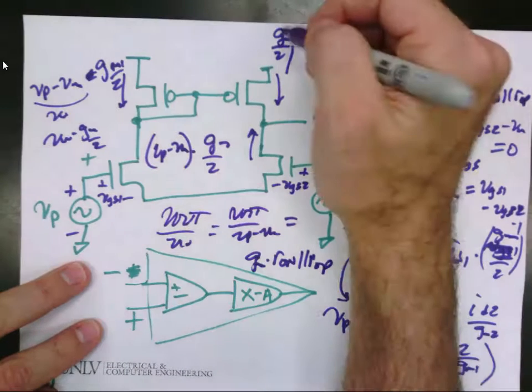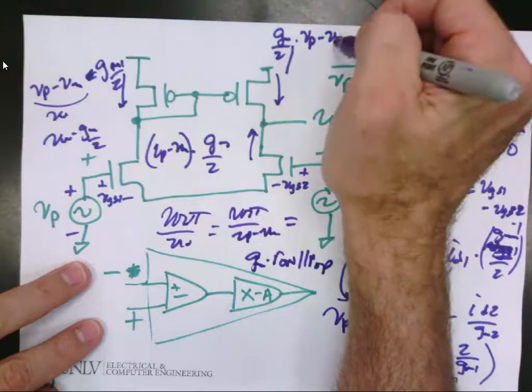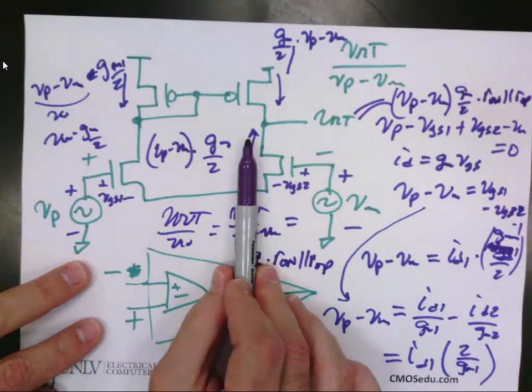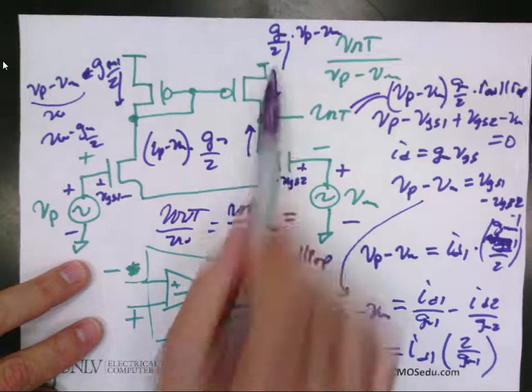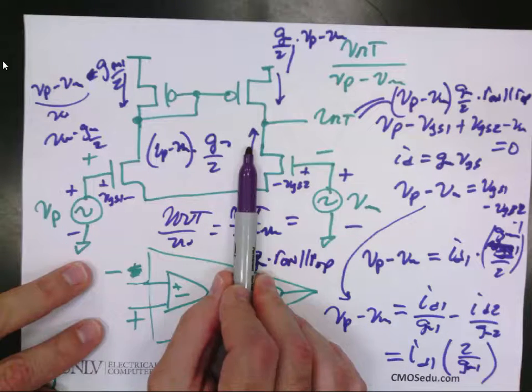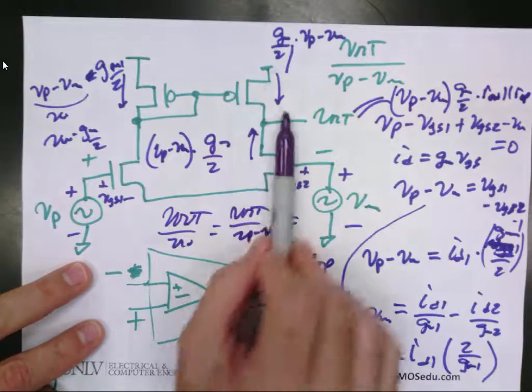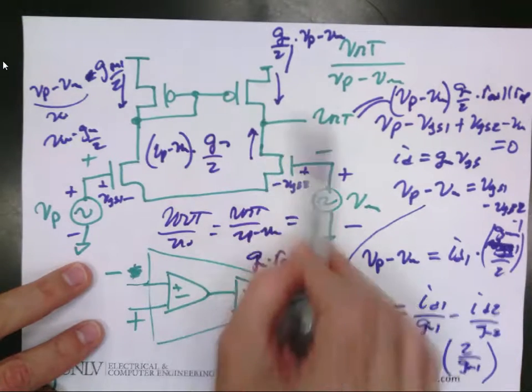No, because this current is GM over 2 times Vn. This current's GM over 2 times Vn. So this current plus this current's GM times VP minus VM, or GM times Vn.